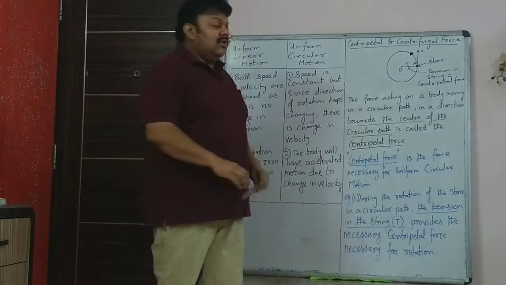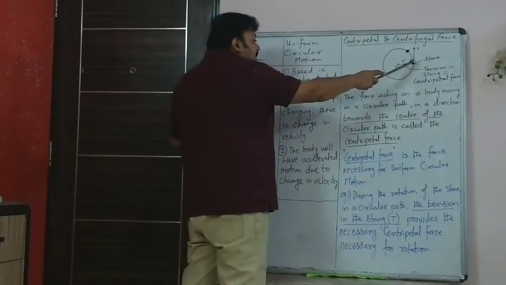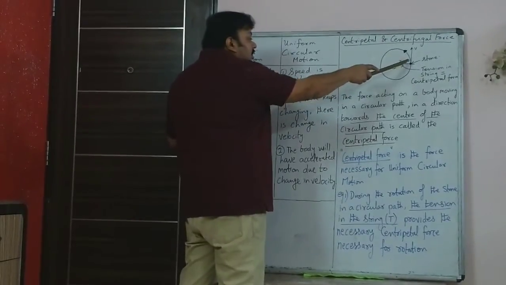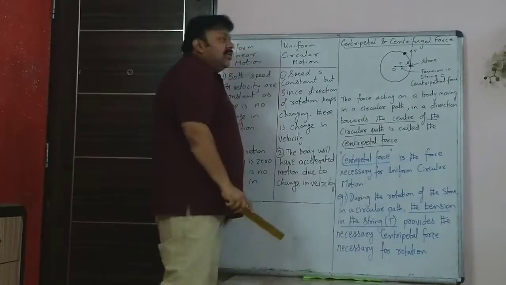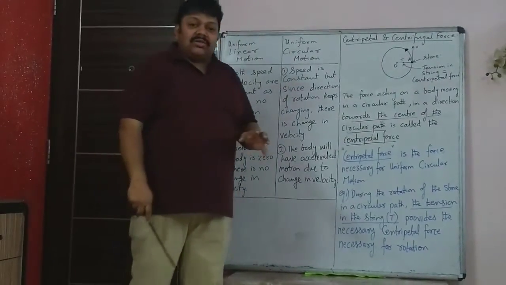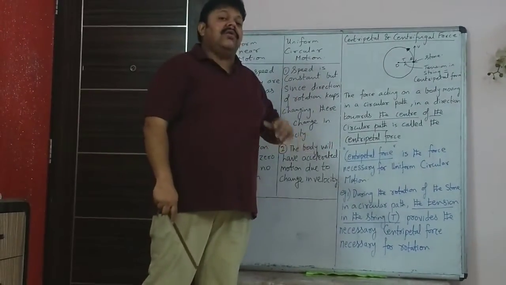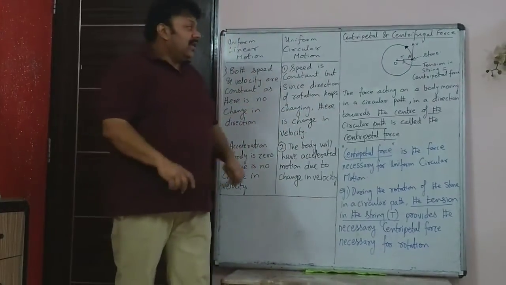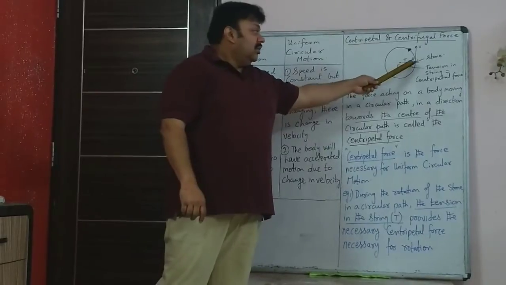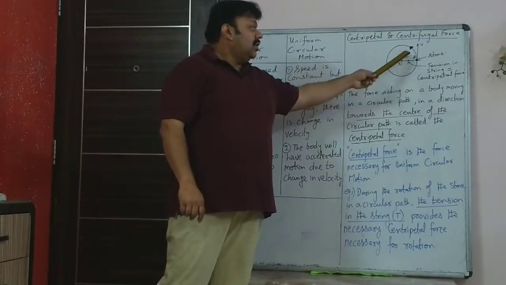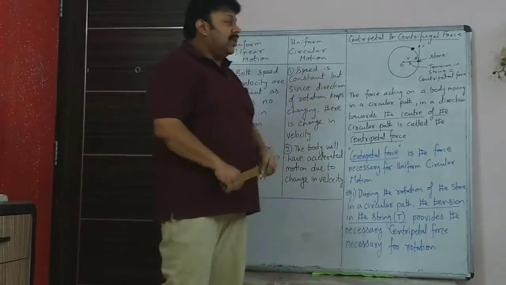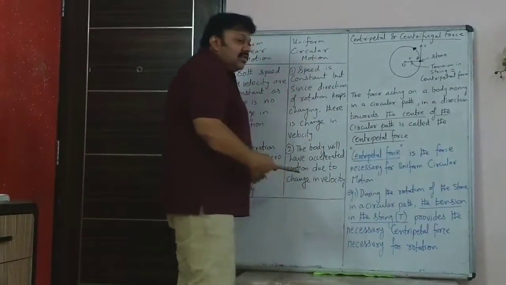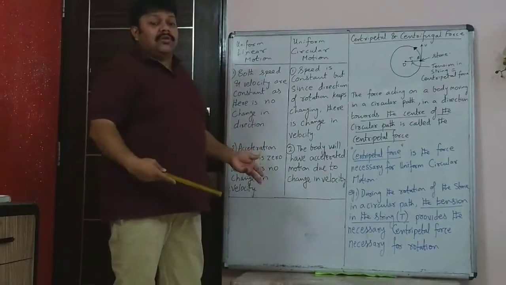So there is a force that acts away from the body towards the center of the circular path. That force is called centripetal force, and that is the force that is necessary for any uniform circular motion. So for example, when the stone is rotating at a uniform speed in a circular path, in that case, the centripetal force is provided by the tension in the string.